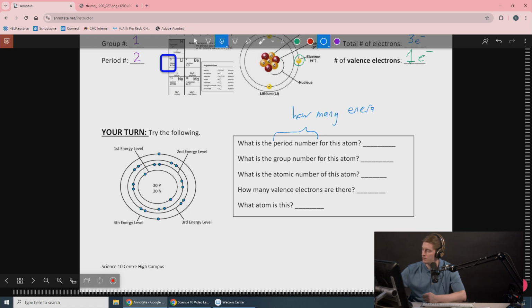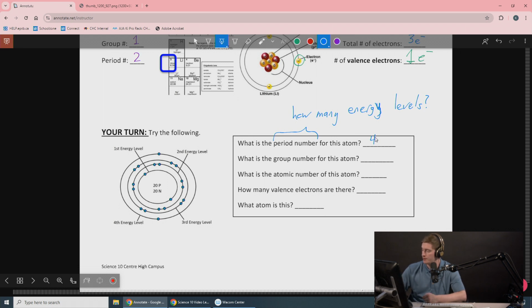We're taking a look here. It's got first energy level, second energy level, third energy level, fourth energy level. You've got 4 energy levels, which means that this atom would be in period 4.